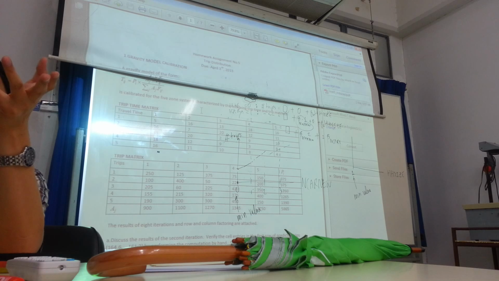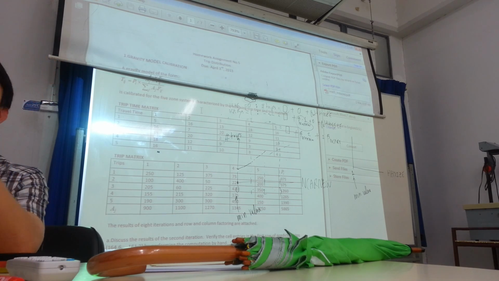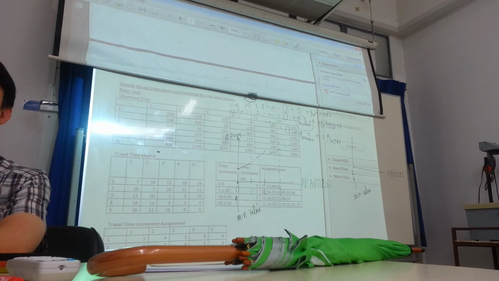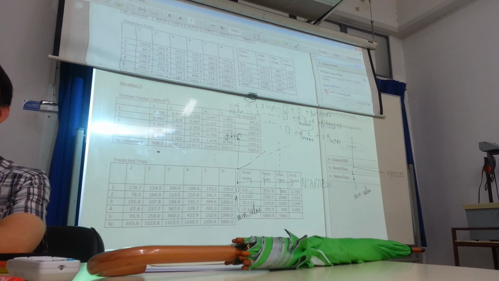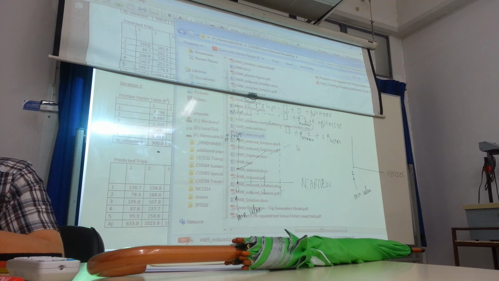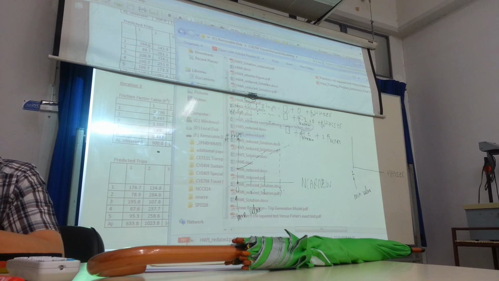The growth factor method is simple, so we don't have an assignment for the growth factor. We already have an assignment for the gravity model.